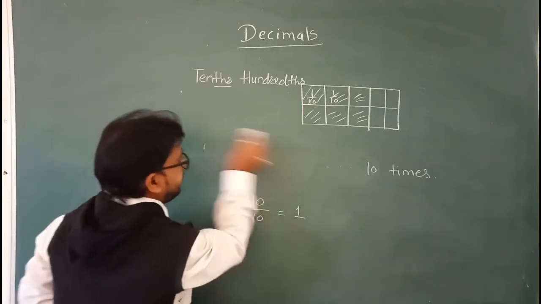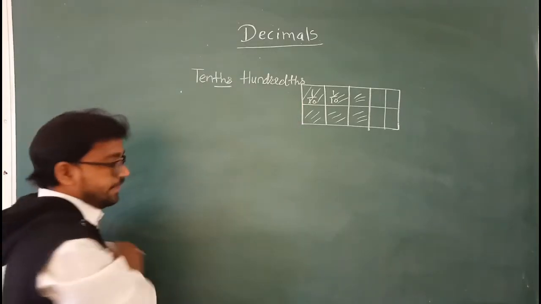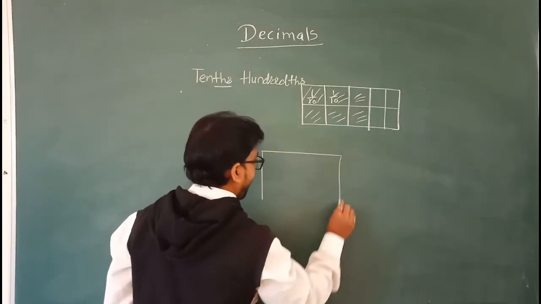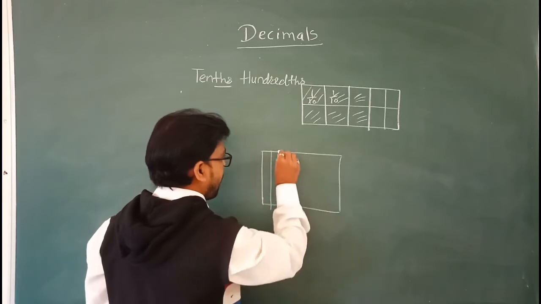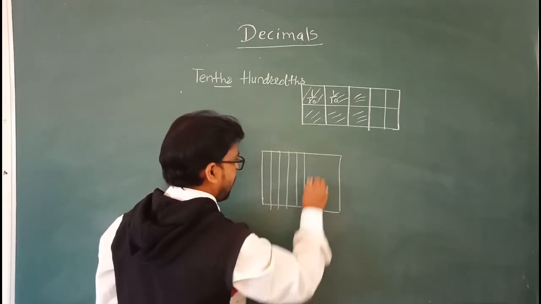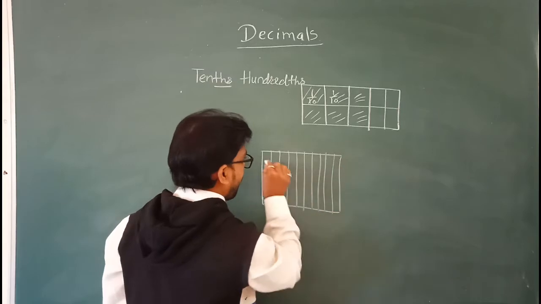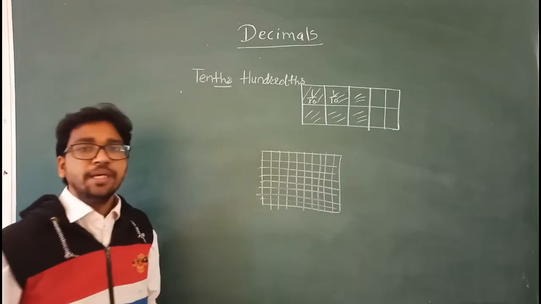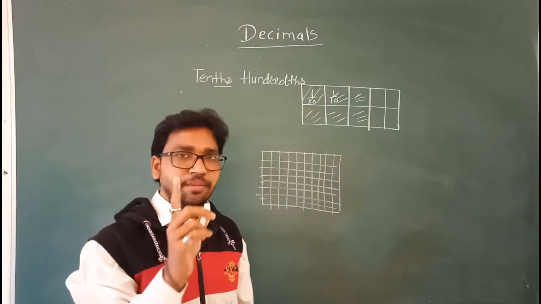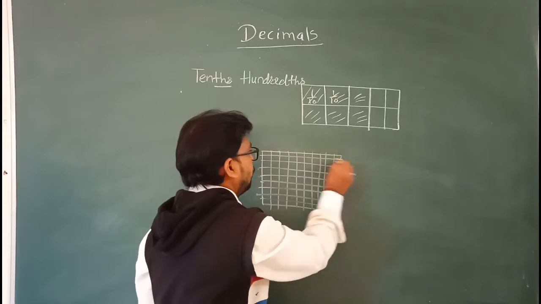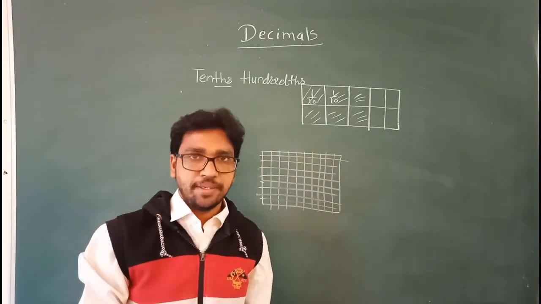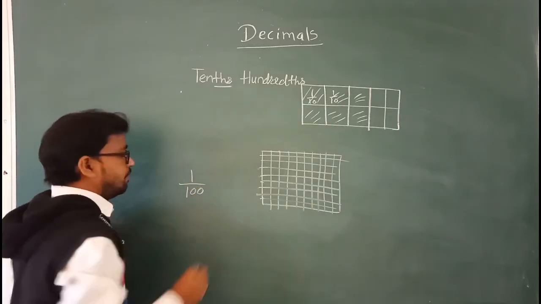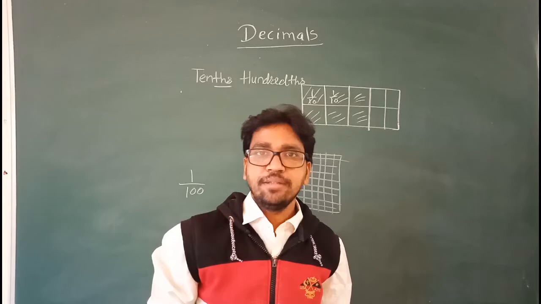Similarly, hundredths part means what? So these are the 100 equal parts. Means one main whole, how many parts did we make? 100 parts. Okay. So if I write here 1 by 100 it means it is hundredths part.